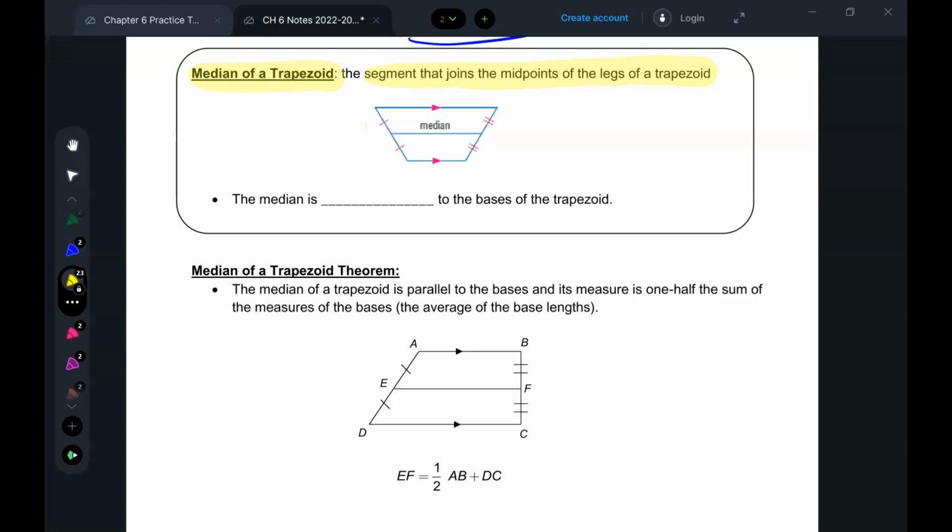Now, this is not necessarily isosceles. This will be true for all of them. What do you think will happen with the median? Besides that, it's going to bisect because that's kind of the definition. It's going to be parallel.